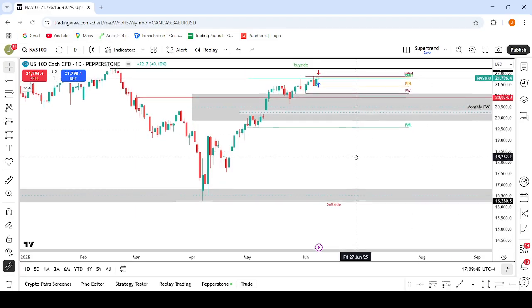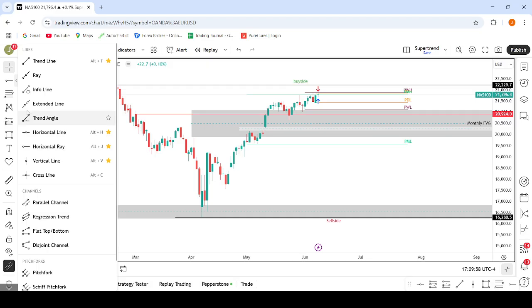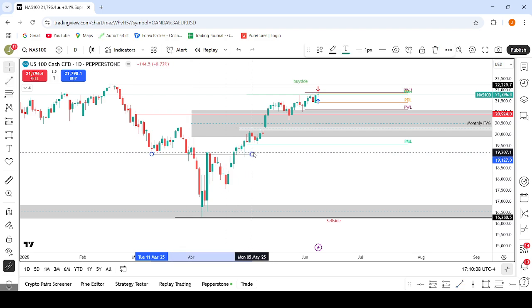We can see again we had a change in the state of delivery. We had this low here, we had this low that was taken out, and we have a high here.